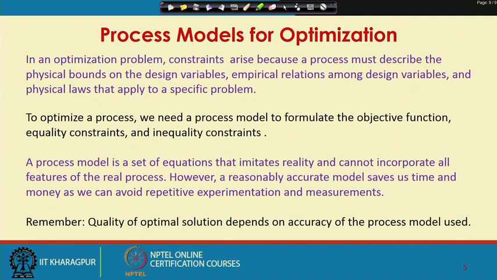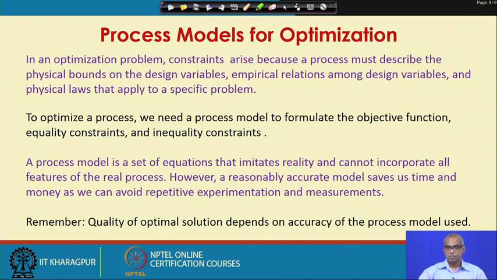The process model saves us time and money, as we can avoid repetitive experiments and measurements. Please note that a process model, if replaced by actual experimental observations, it will cost us a huge amount of money, as well as it will be an extremely time consuming step. So, we need a mathematical representation of the real process.